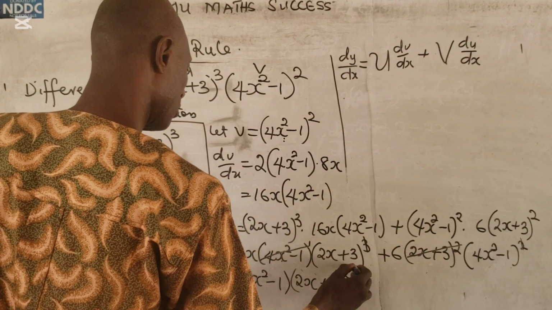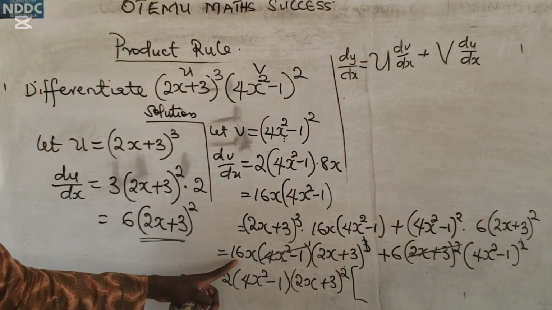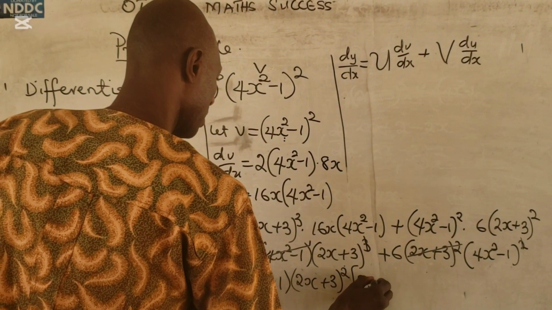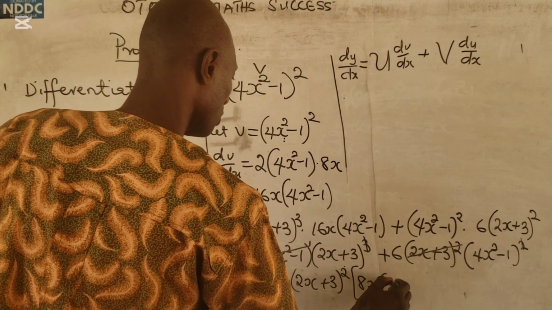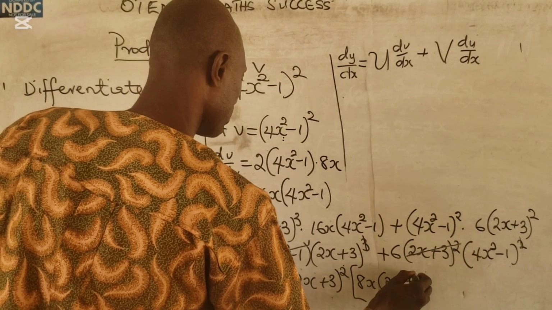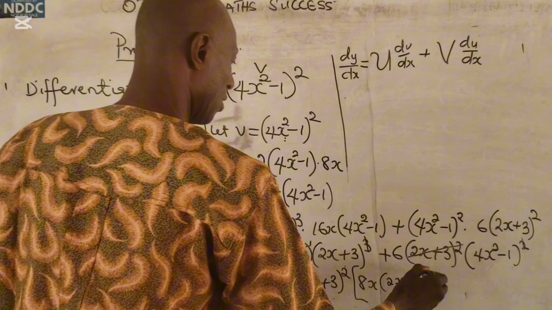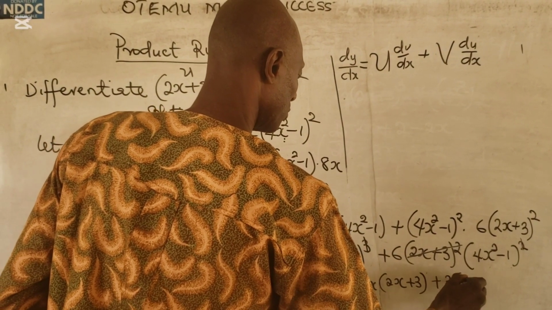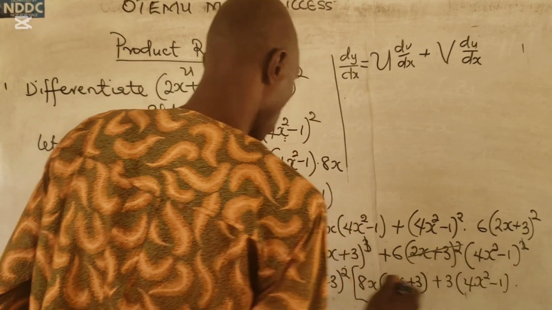So now what is not common is what you will drop in the bracket. If you bring 2 out of here, here remain 8x. Here remain 8x into (2x + 3). If you bring 2 out of here, here will now remain plus 3 into (4x^2 - 1).